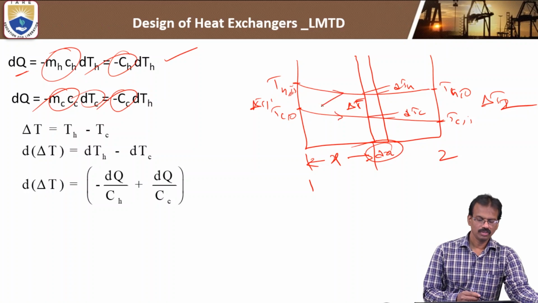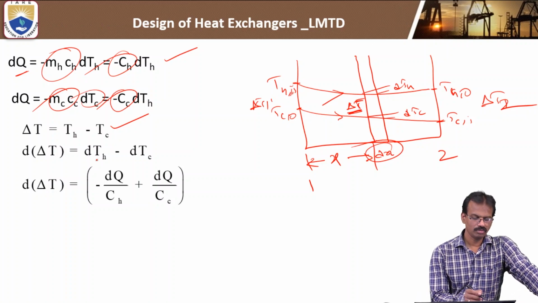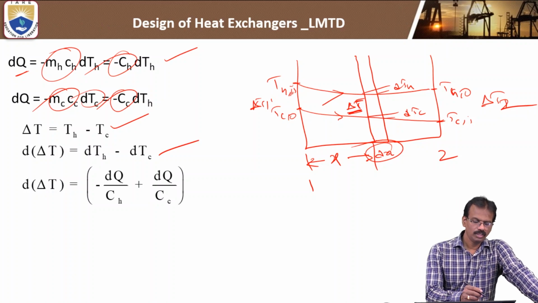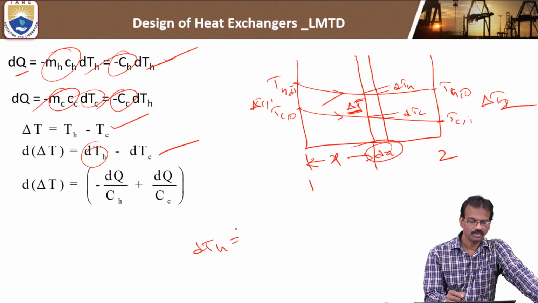Next, the temperature difference for the small elemental area is delta T equals Th minus Tc. We differentiate on both sides: d(delta T) equals dTh minus dTc. You know this one. From the earlier equation, dTh can be rewritten as dq by minus Ch.